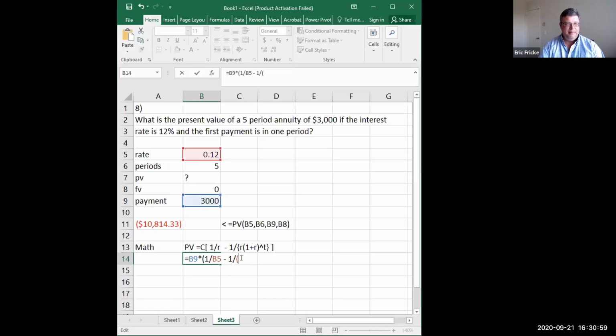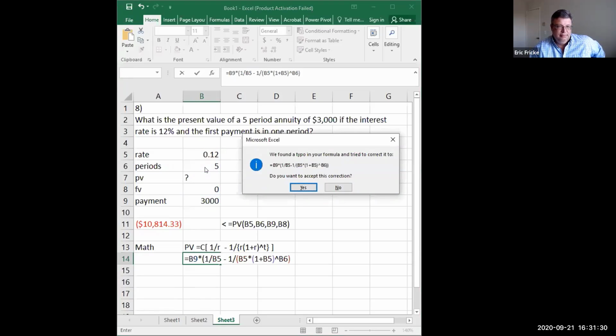There we go. That star is for multiplying, right? And then the rate again, and then multiply by 1 plus the rate again, all to the power of the number of periods. And that should give us the exact same answer. We just program the math into Excel. Let's see what happens.